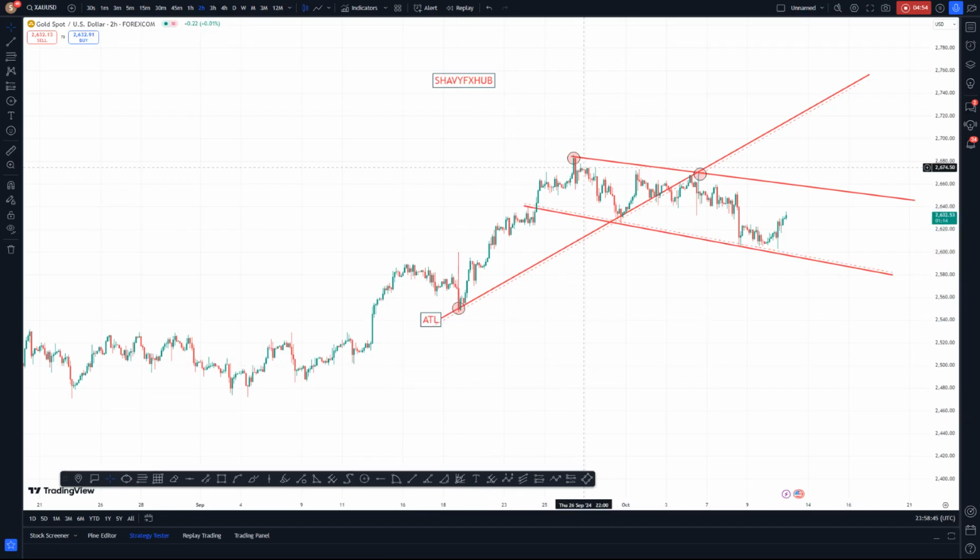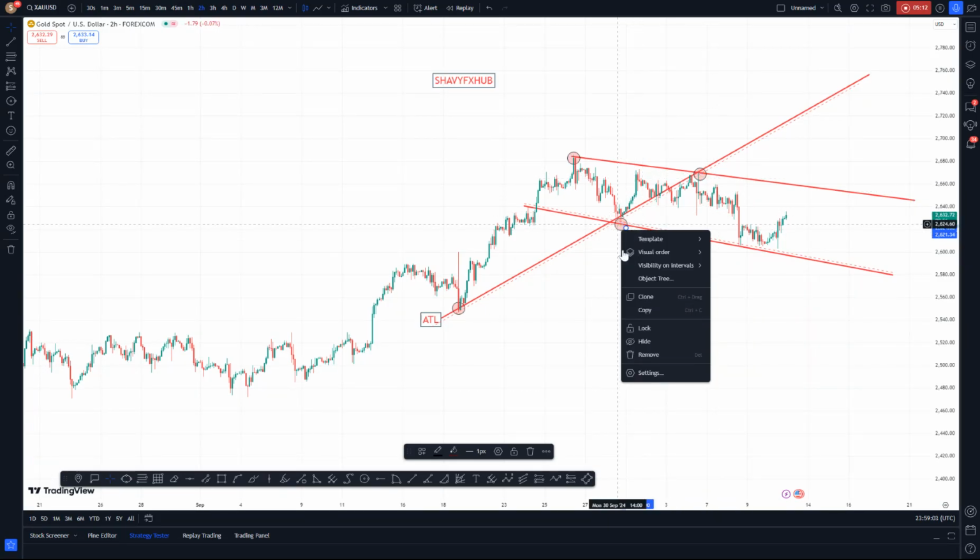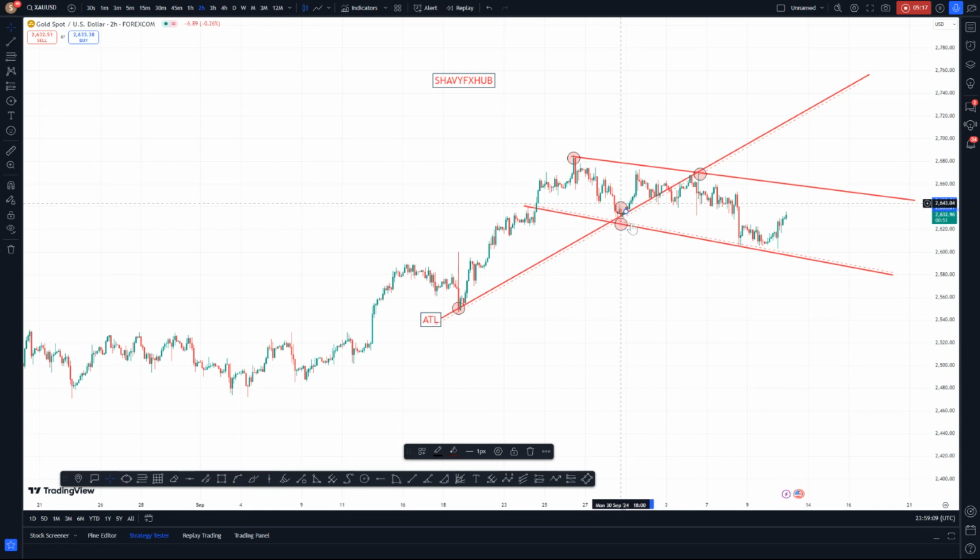So we have here a resistance structure, a resistance structure. Price has left to touch the floor. So let's mark it. This is another touch to the floor, and the price upswing, and we got another touch on the descending channel, and we got another touch on the channel, the descending channel.